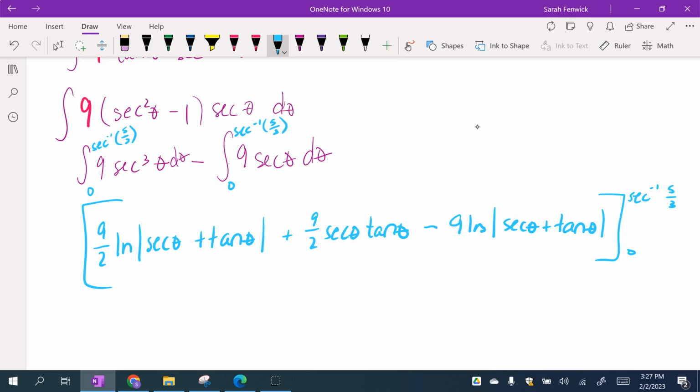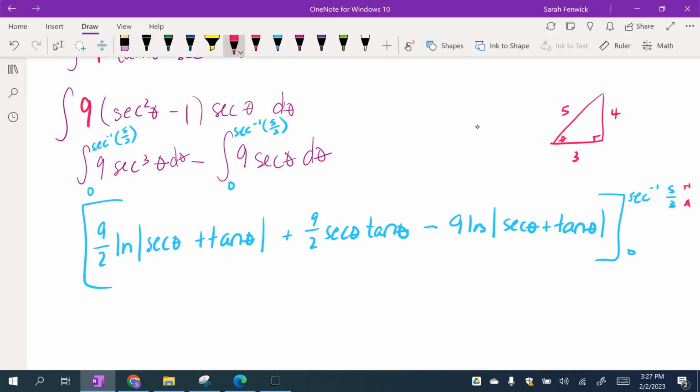All right. Now, in order to plug all of this in, I could put it in my calculator. It would give me a decimal. I'd be finished. However, we want to know how to do things. That's our goal here. So if I say secant inverse is 5 over 3, then that means we have hypotenuse over adjacent. So a little right triangle here with a random angle theta. Hypotenuse is 5, adjacent is 3. If you do the Pythagorean theorem, that means we have a 4 here.